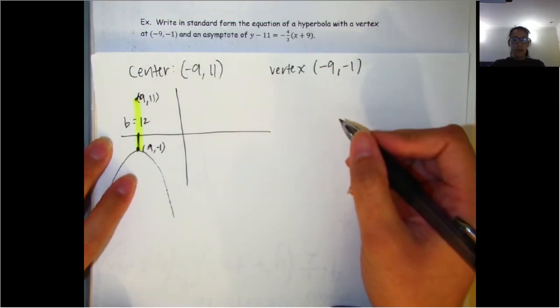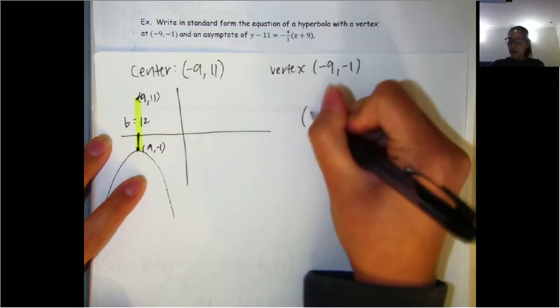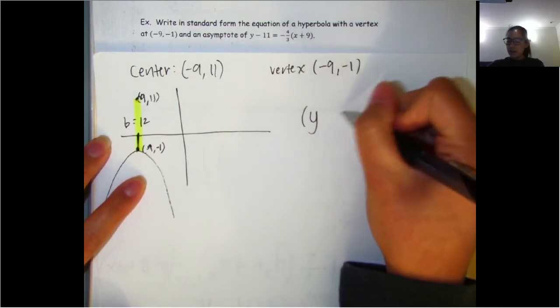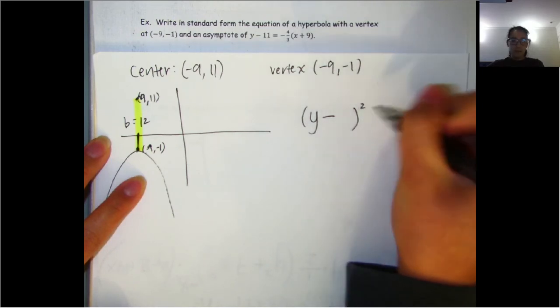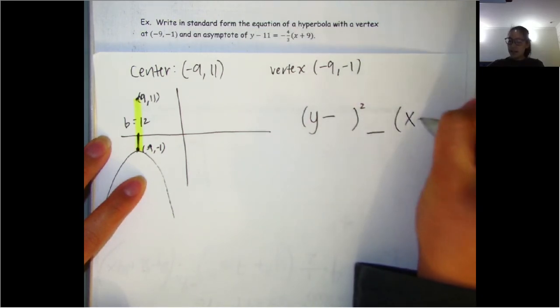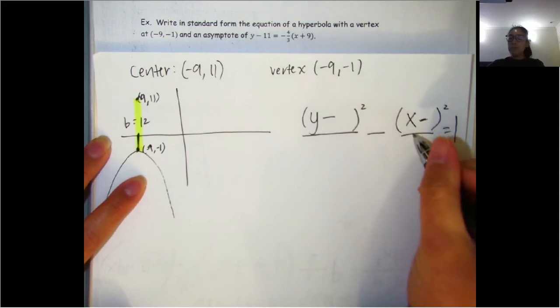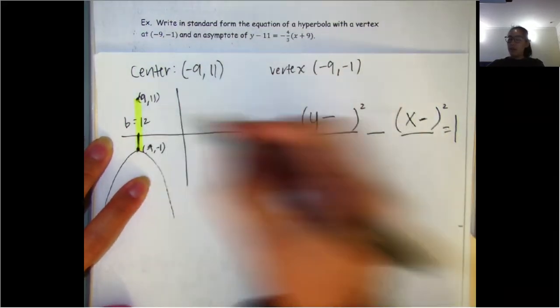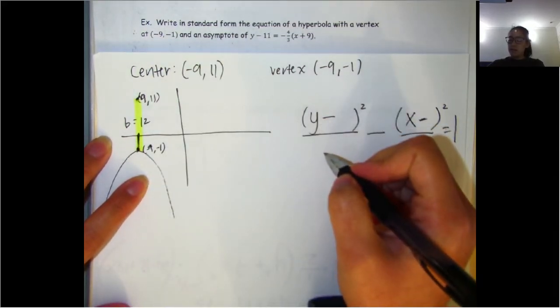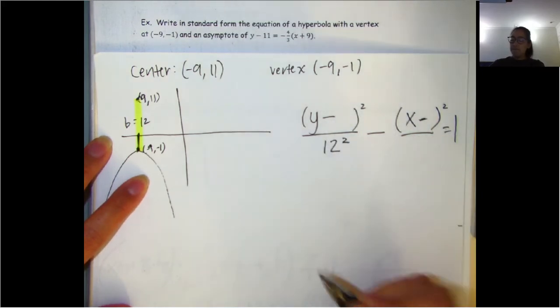You also know that this is a vertical hyperbola, so we're going to write our hyperbola in the format of a vertical hyperbola. So y minus something squared minus x minus something squared equals 1. Don't forget that equals 1. A lot of you like to forget that sometimes. Okay, and so over here, we figured out what b was. So b is 12, so this is going to be 12 squared.